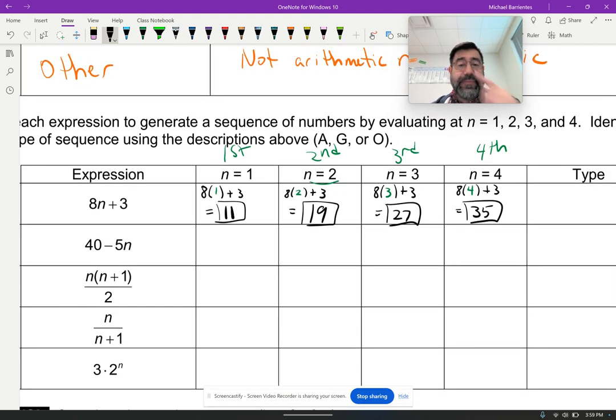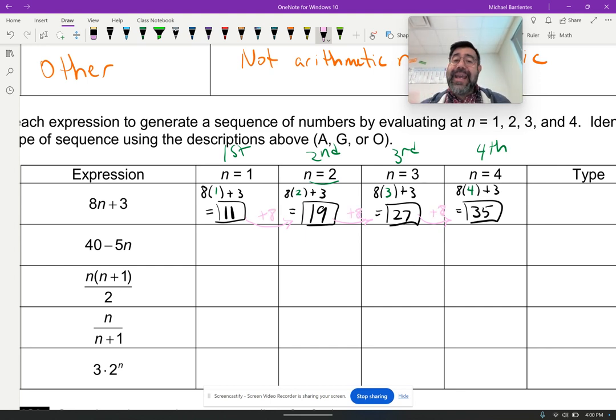Is there a pattern? Is there a pattern to go from 11 to 19, 19 to 27, 27 to 35? They're getting bigger, so I'm either adding or multiplying by a whole number, and I think I'm adding 8 every time.